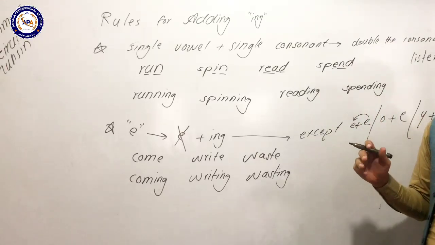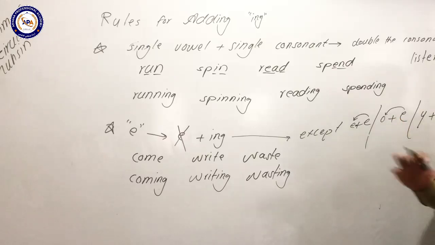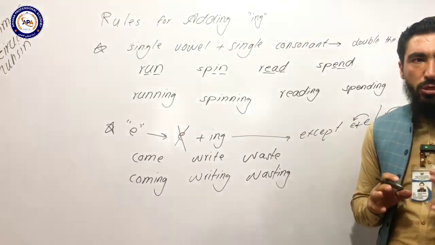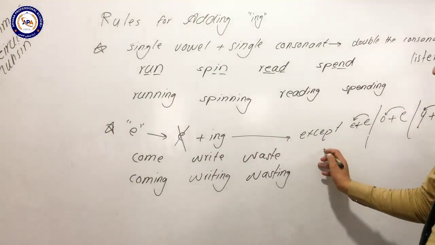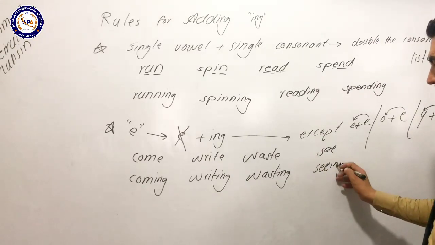We just add ing. When a verb ends in E, and before E there is O, we do not remove E. We directly add ing. When a verb ends in E and before E there is Y, again we add ing just. We do not remove E. Like see, the ing form is seeing with double E.